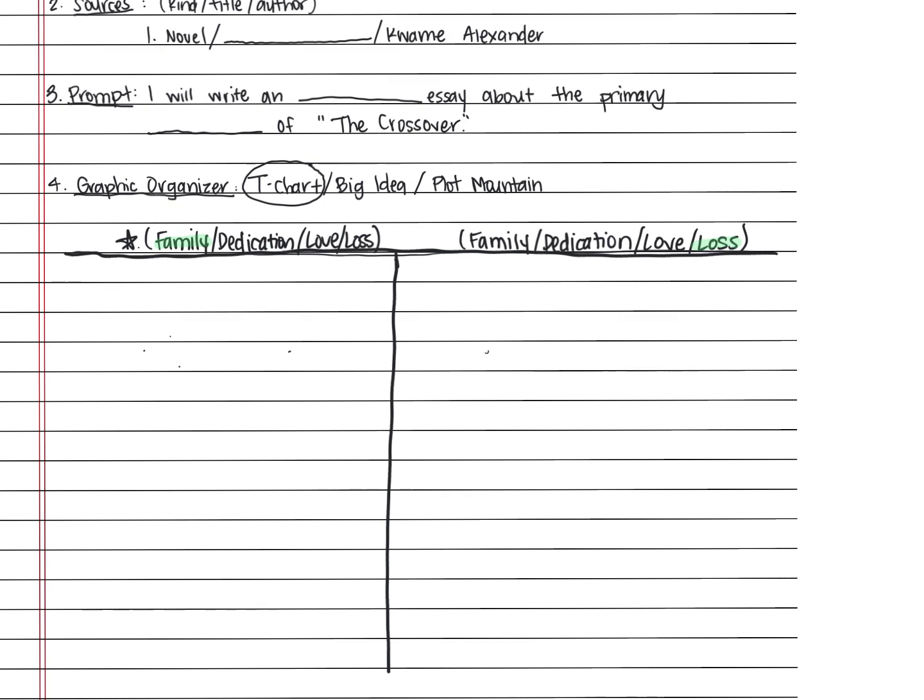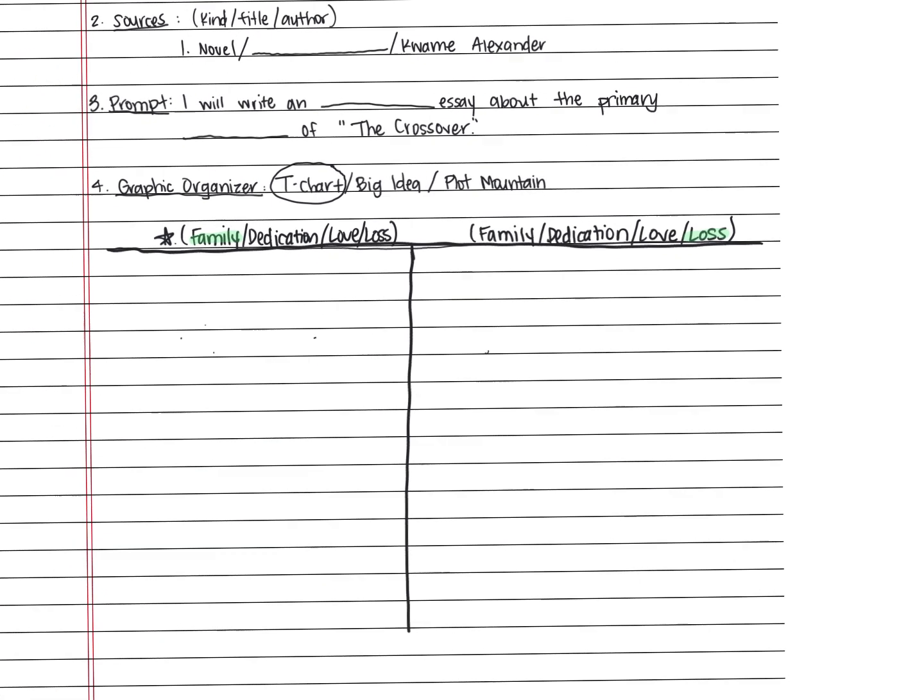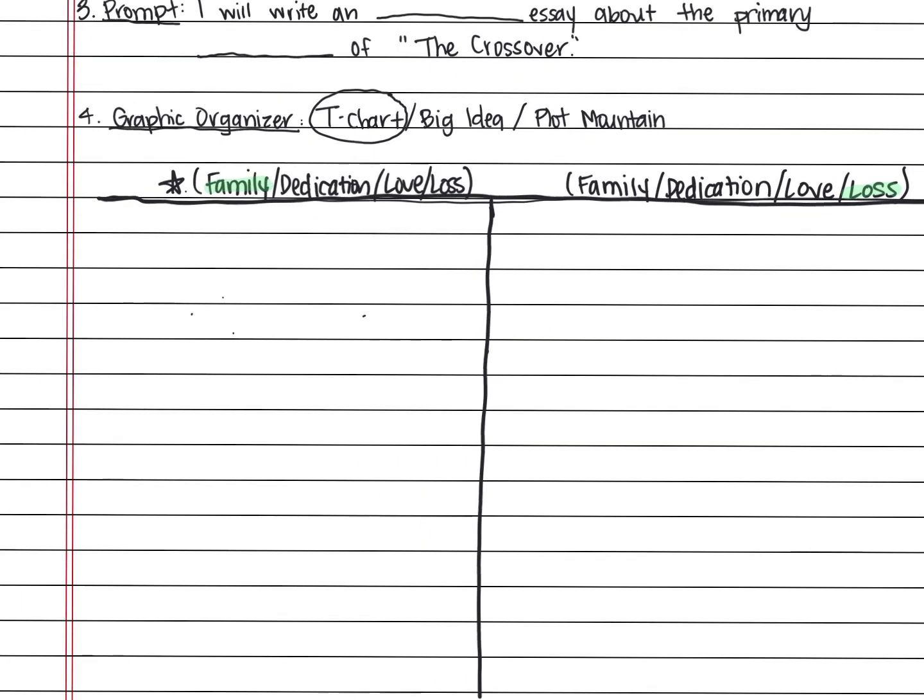All right, now on this side of our paper, the one that we're actually writing our theme on, we're going to go ahead and write at least 4 bullet points, because we're going to need a few, or 3 bullet points. We need a few different pieces of evidence.